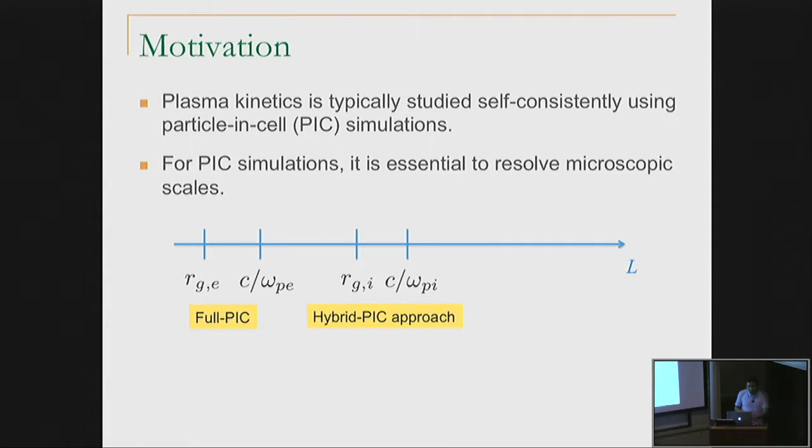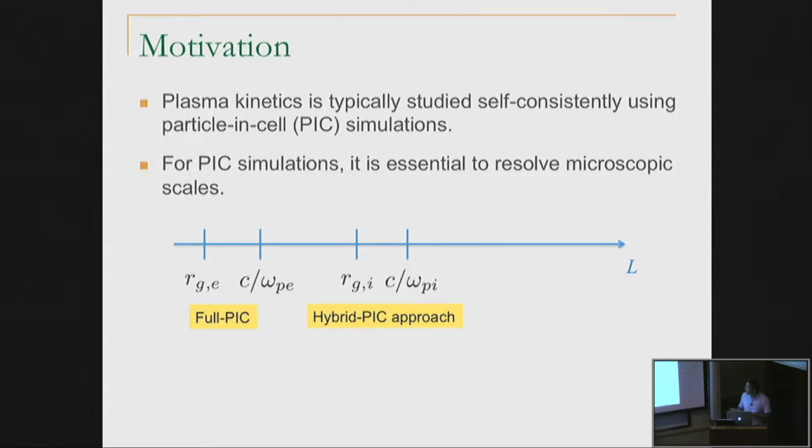Right. So to study the kinetic effects of plasmas, one generally has to use the particle-in-cell method, which is first principle. You treat all the particles as particles in your code, which basically is the way you study plasma physics from first principle. This method is great, but there's a price you have to pay, which is that you have to resolve the tiny plasma scales.